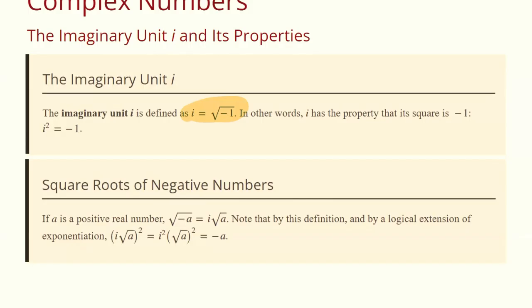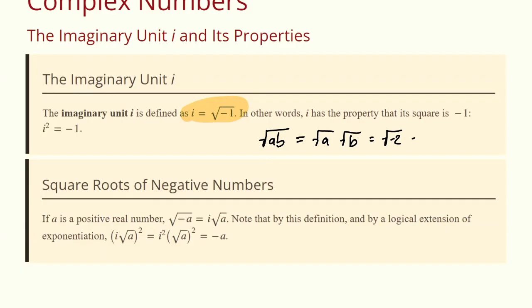So why is that the case? Let's go back and remember that when we had something of the form a times b, we could split that up into the square root of a times the square root of b. So if I had something like the square root of -2, to make a negative, you have to multiply by -1.